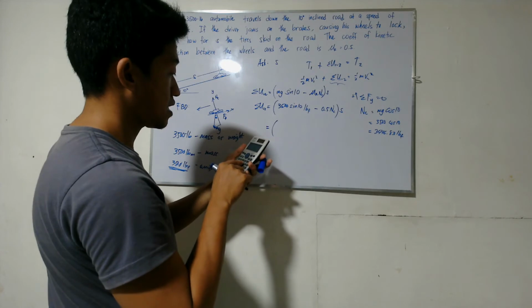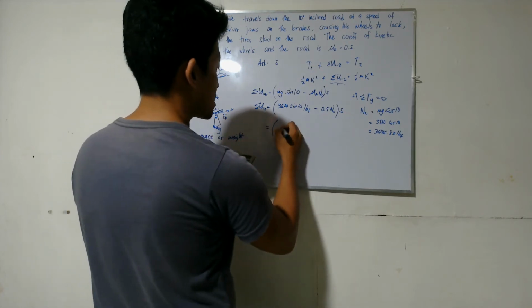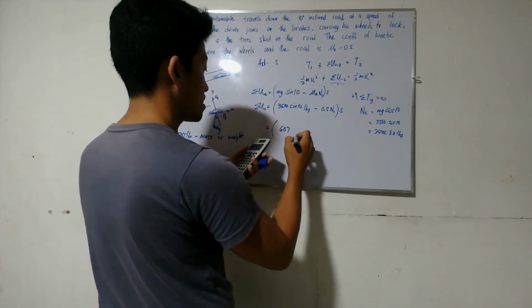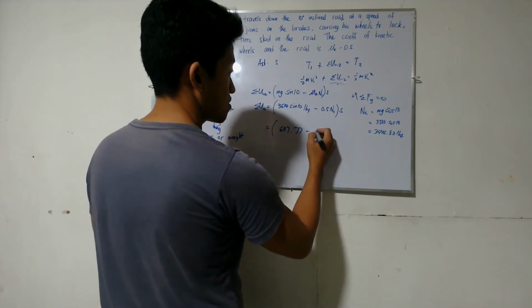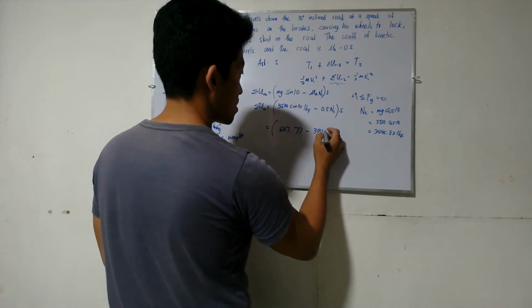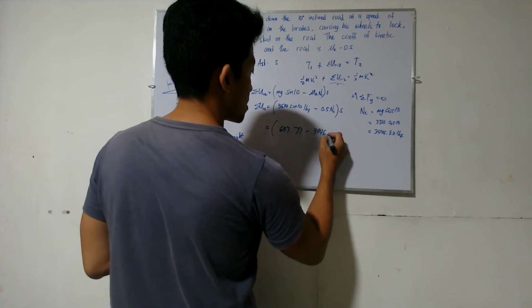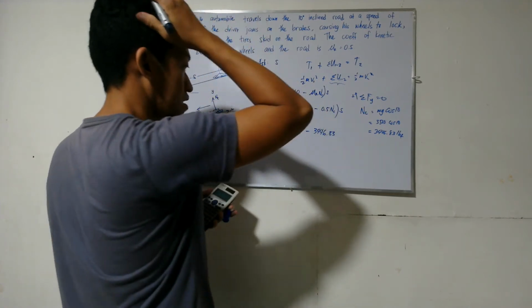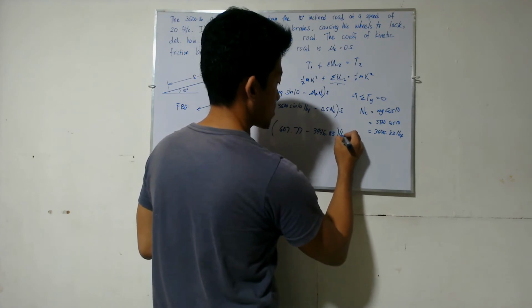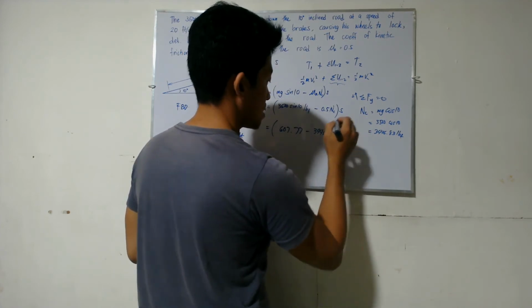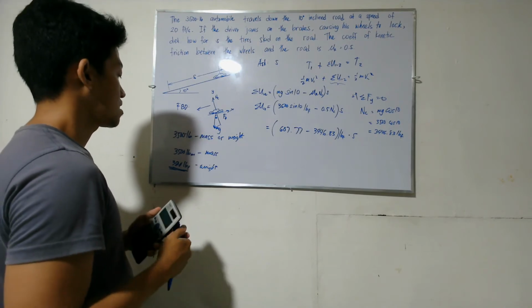Now this becomes 3,500 sin 10, which is 607.77, minus the pound force times S. Okay?